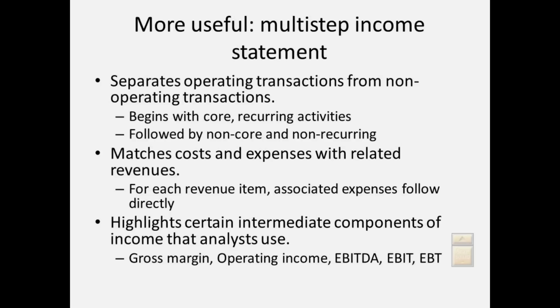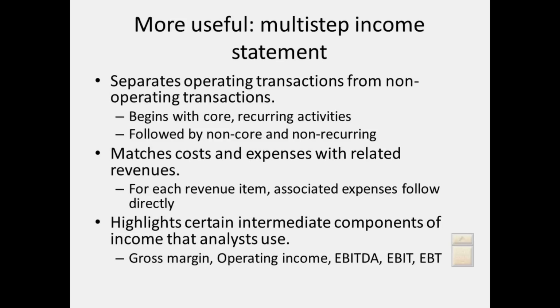Well, we can have what's called a multi-step income statement. We can start with the core activities, which are the operating activities, the stuff that's going on and recurring. Then we can follow it up with things that are non-operating and distinguish between those that are recurring and those that are non-recurring. So what is the benefit of this more expansive income statement?